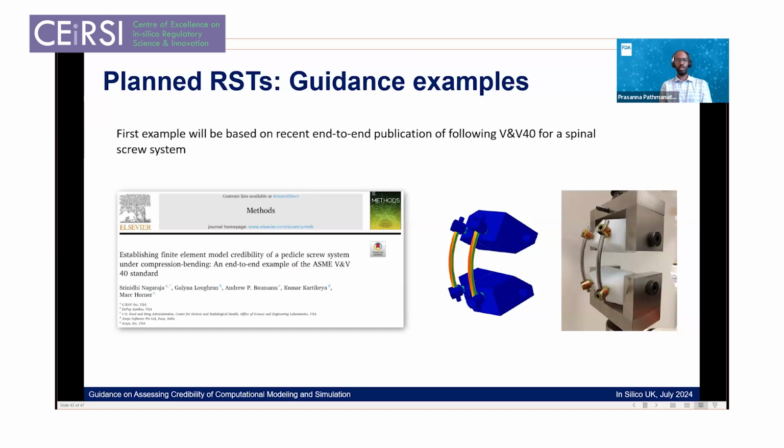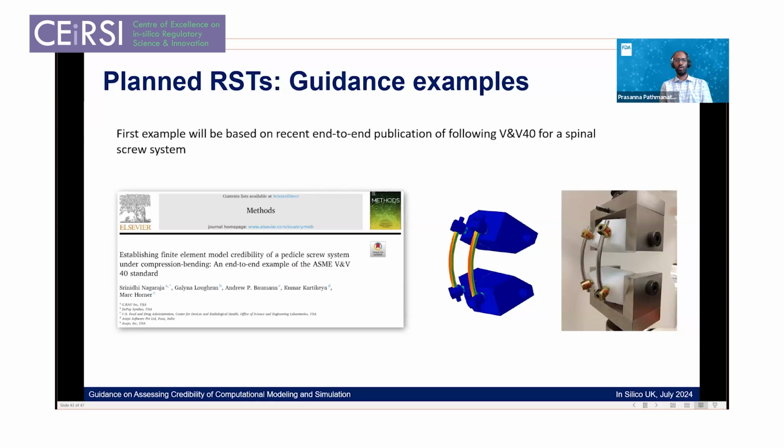So we have a project underway to develop a series of these examples. We don't have any yet. We just started this project. Hopefully the first one will be out soonish. The first one is going to be based on an already published paper, in the journal Methods, which was released earlier this year, and it's actually an end-to-end example of following V&V40. I recommend anyone interested in V&V40 have a look at this paper.